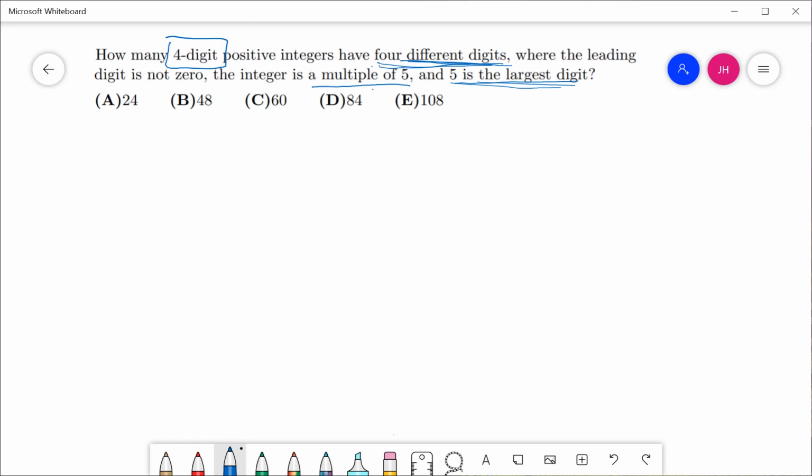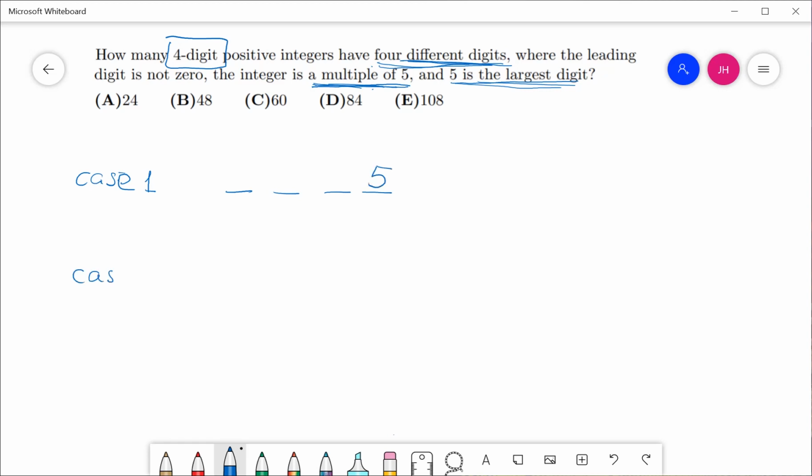What attracts me the most is a multiple of 5. In order for an integer to be a multiple of 5, its ending digit, or the ones digit, has got to be 5 or 0. So that's a good way to do casework. Case 1 is we have 4-digit numbers, and we want the last digit to be 5.